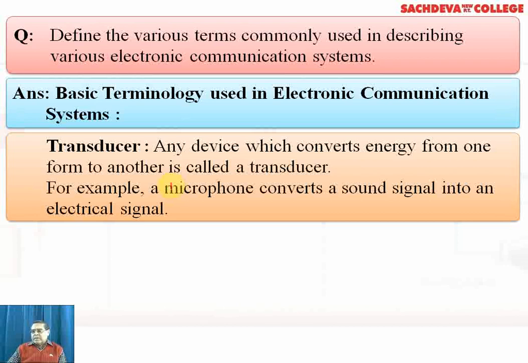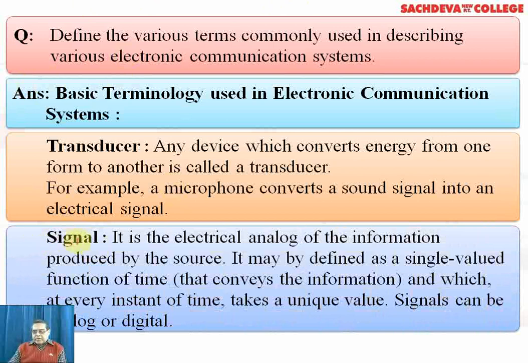But the carrier signals have very high velocity. Normally it is 300 million meters per second, or about 3 × 10^8 meters per second. So a microphone is one of the devices which converts sound signals into electrical signals. During conversion, we find that there is a slight loss in energy also, because total transformation is not possible.